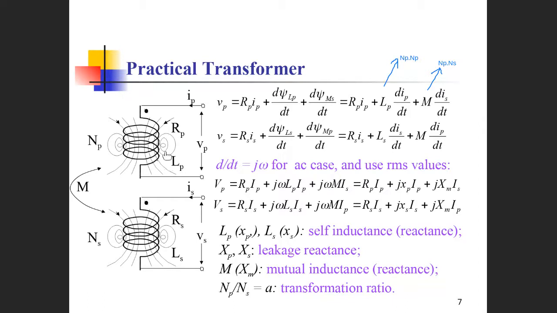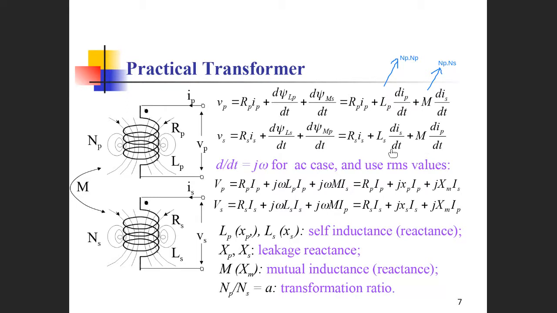Similarly for the secondary, we have Faraday's law: the secondary terminal voltage, the secondary resistive voltage drop, the secondary self-induced voltage due to its inductance, and the secondary induced voltage due to the primary through mutual inductance.